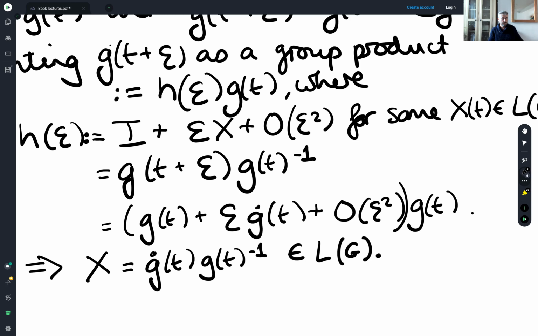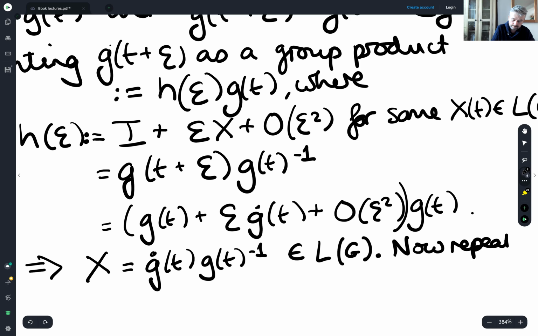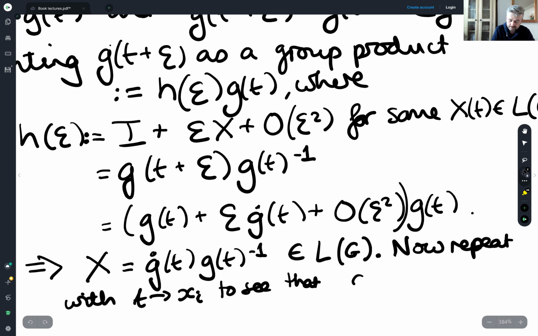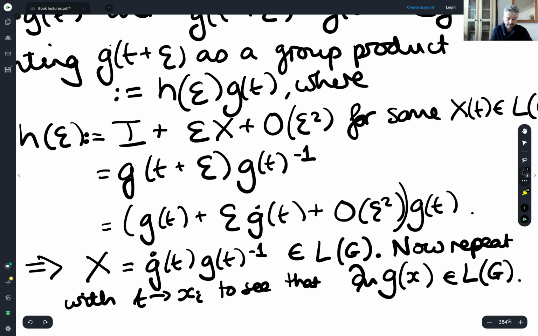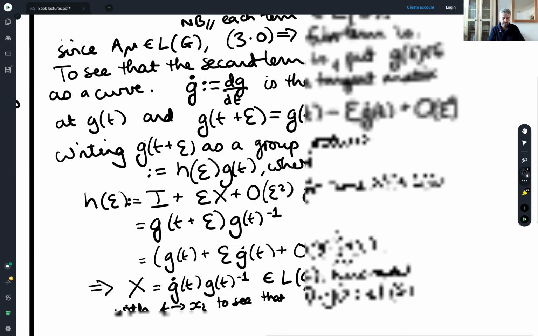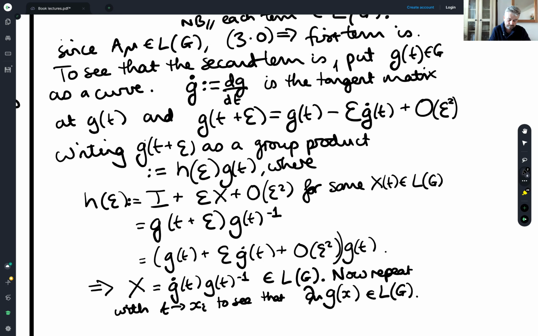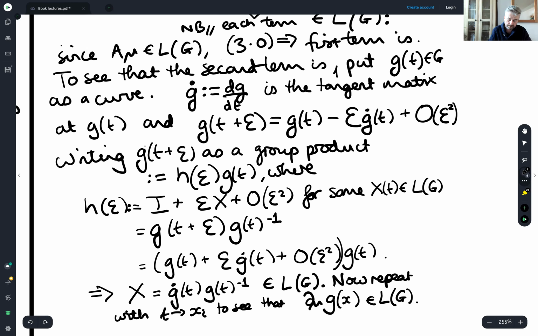Okay, so we just did it for the time coordinate, but we could now repeat it with time replaced by x mu to see that d mu of g of x is in the Lie algebra of G. Okay, so I should have pointed out that this t here really means time, the x0th component.